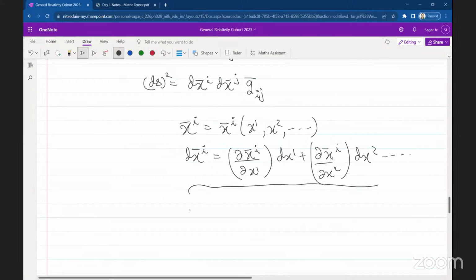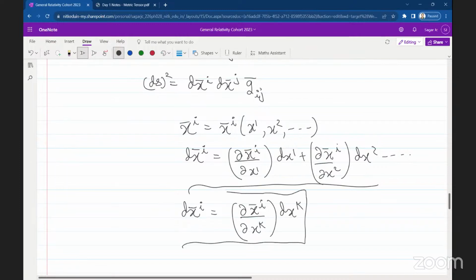So I can write it in Einstein summation convention: dx bar i is equal to ∂x bar i by ∂x_k dx_k. So this is the transformation property of what tensor? A rank 1 contravariant tensor.